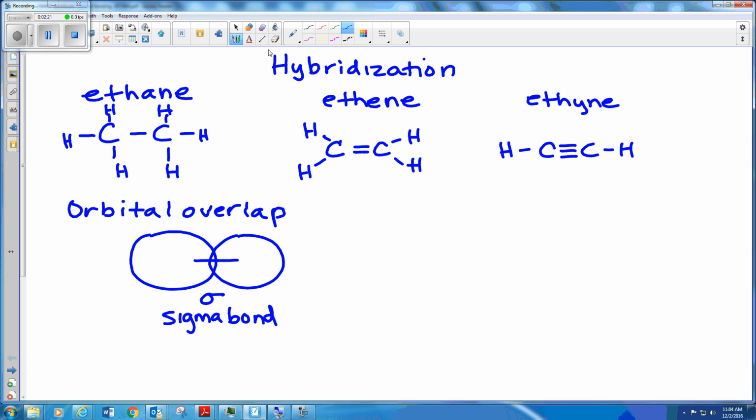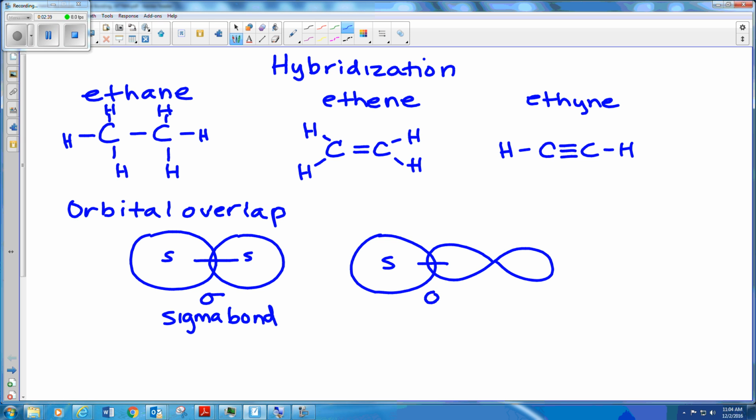This can also occur between an s orbital and a p orbital. P orbitals have more of a dumbbell shape, and when the end of a p orbital overlaps with the end of an s orbital, you also have the formation of a sigma bond.